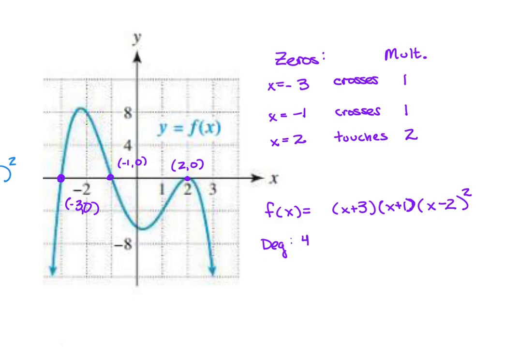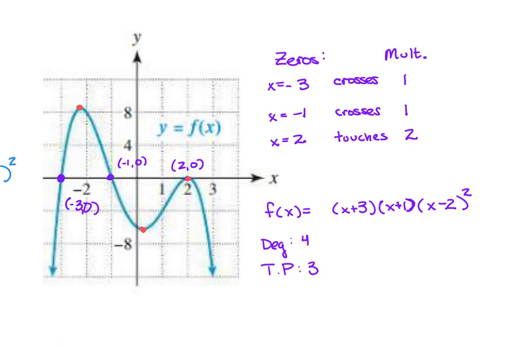The next thing that we have is, do we have turning points? How many turning points do we have? Well, for this example, we have 3 turning points. We have one up here at the top, one down here at the bottom, and again that one on the x-axis. And so that does support a degree of 4.